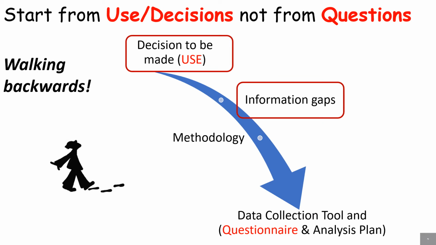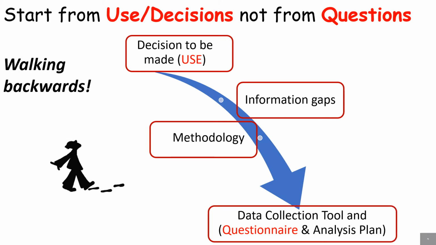What decisions will be made? And then we can look at the information needed to make that decision. What do you need to make that decision? And this is the information that the data users do not have. It's only at that point that we consider the right method and source of data and design the questions for the questionnaire.